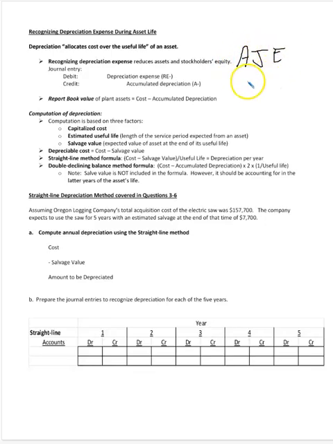Those are at the end of the accounting period. If the accounting period ends on December 31st, then those will be dated December 31st. We debit depreciation expense, credit accumulated depreciation. We've made this journal entry before. And then on the balance sheet, we'll see the original cost of the asset less the accumulated depreciation.